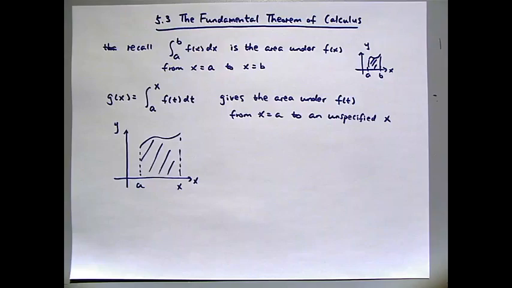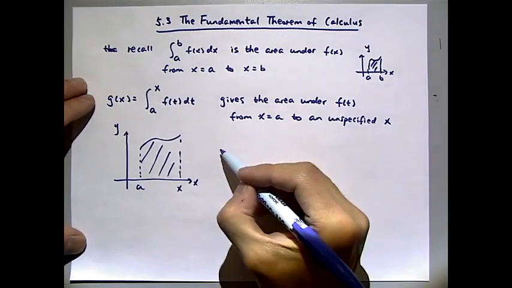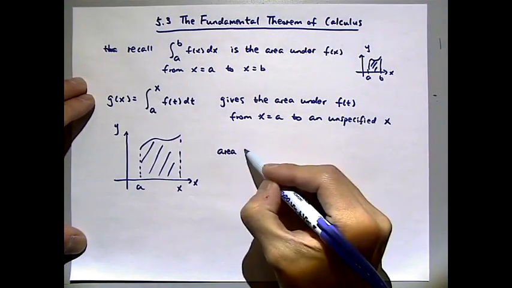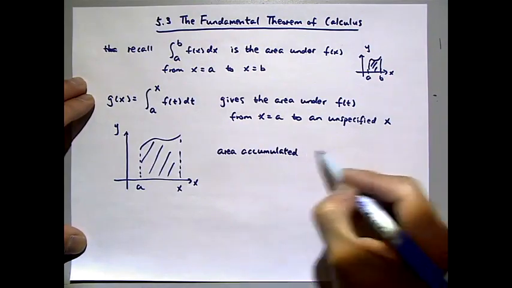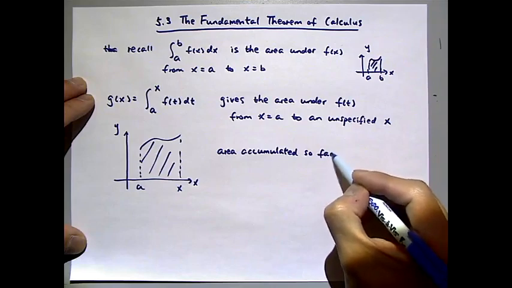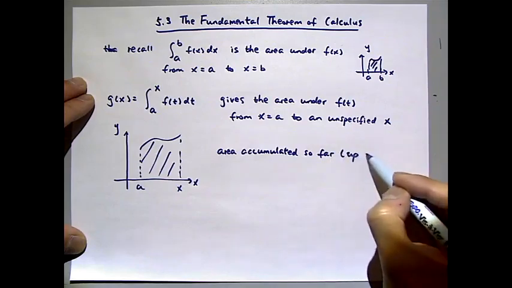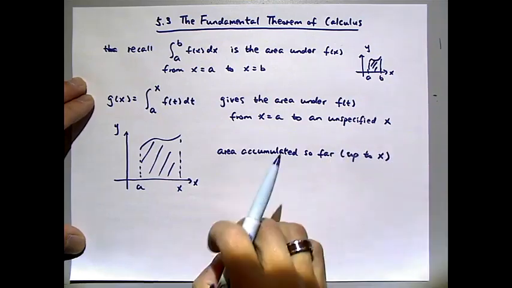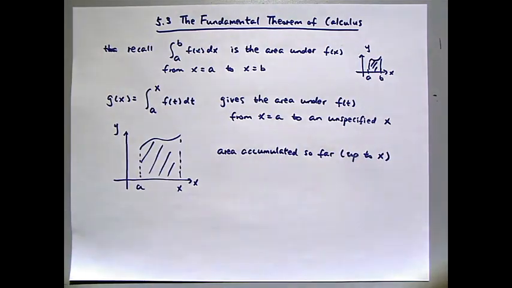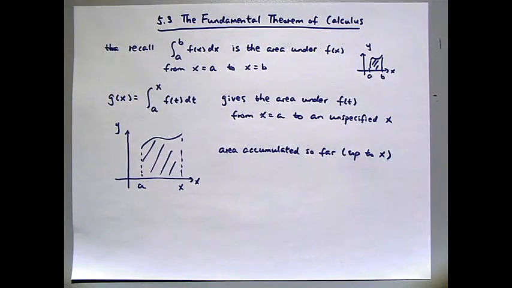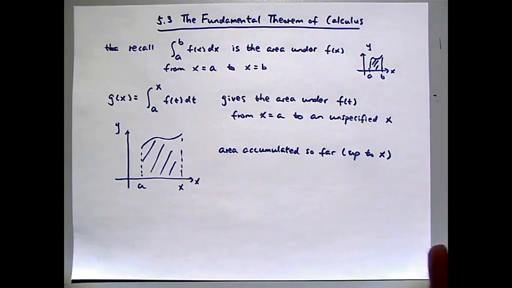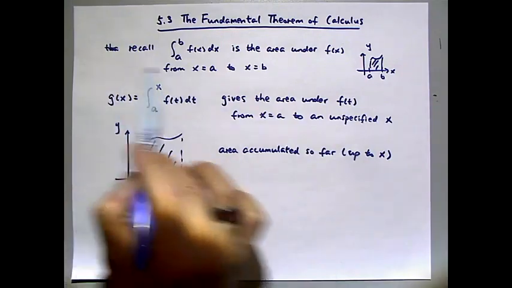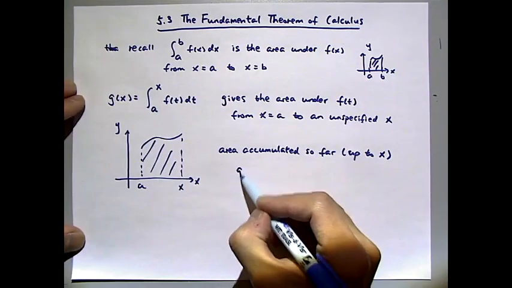You can think of this as the area accumulated so far up to whatever x you want to specify later. So this area is going to be a function of x. Once I decide what x is going to be, then I know the area. But until I decide that, that's just going to be a function of x.